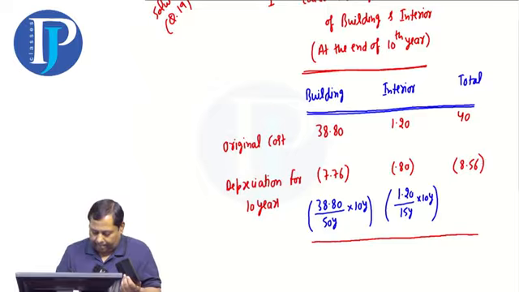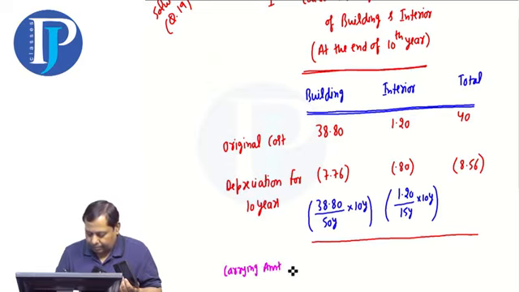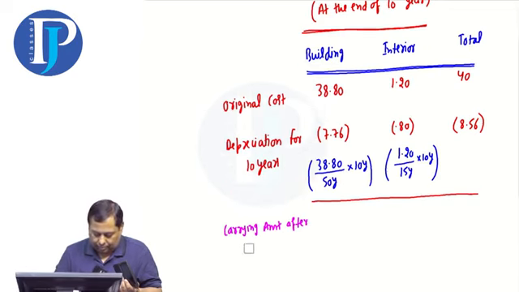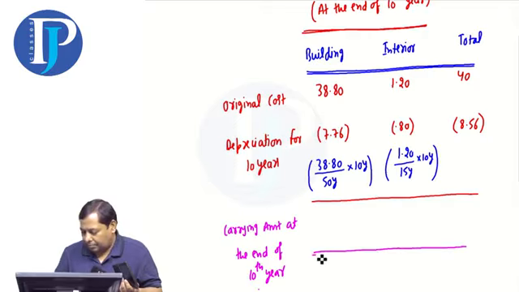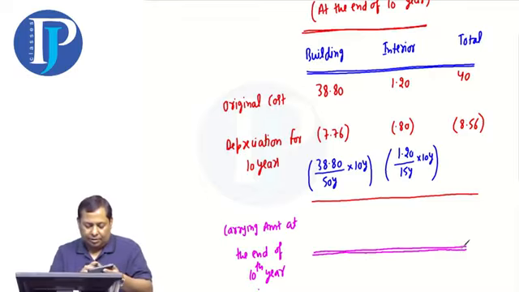We will call it the carrying amount at the end of the 10th year. 38.8 minus 7.76 becomes 31.04.